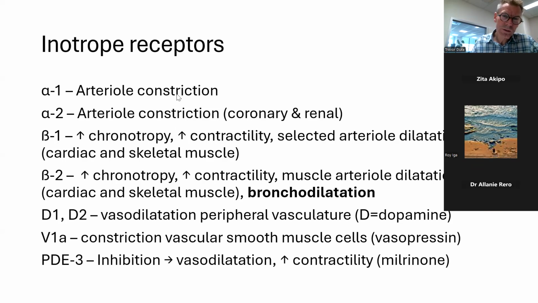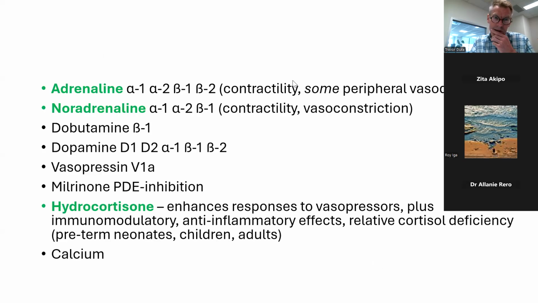So the main ones I want you to focus on are the target receptors for adrenaline and noradrenaline, and particularly those two anyway. I'll talk a bit about dopamine and dobutamine, but not so much because they've really gone out of use a lot, and I'll try to explain the reasons why.